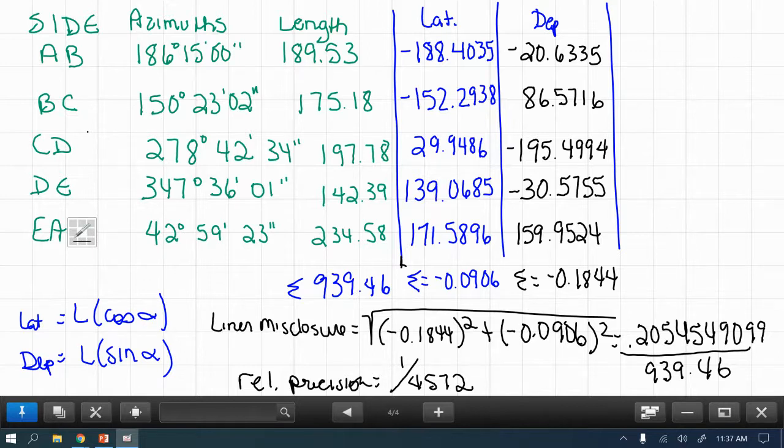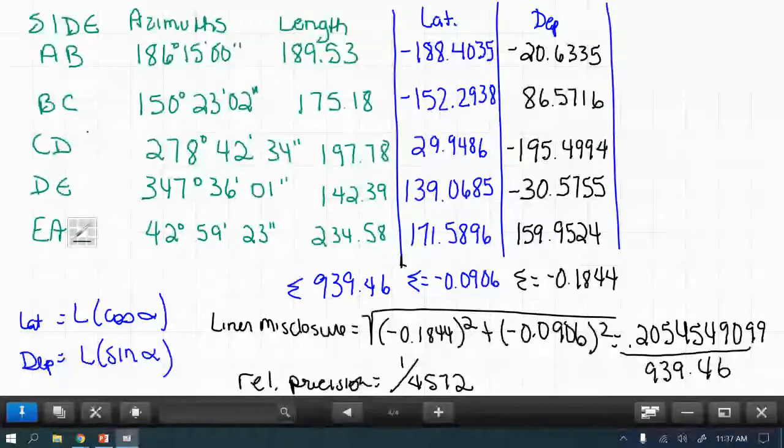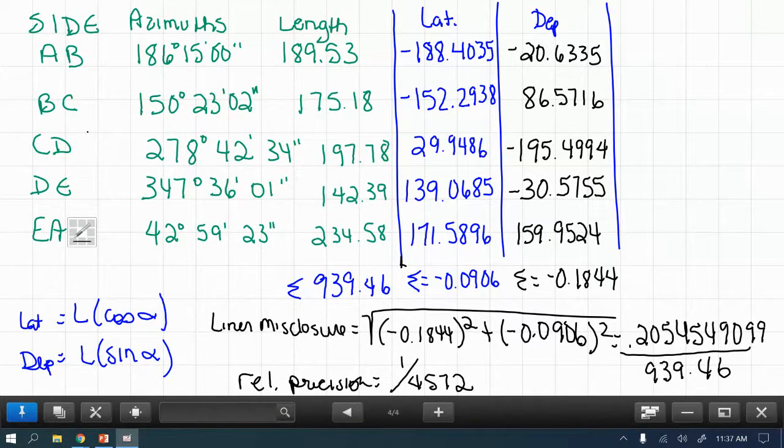When I'm out in the field and I'm trying to figure that out, a lot of times I'll take the bigger number, my distance. So if I say 939.46 and divide that misclosure, that 0.205454909, I'm going to get 4572 as well. So it's going to be a big number. Don't give me a really small number. You'll know something's wrong.